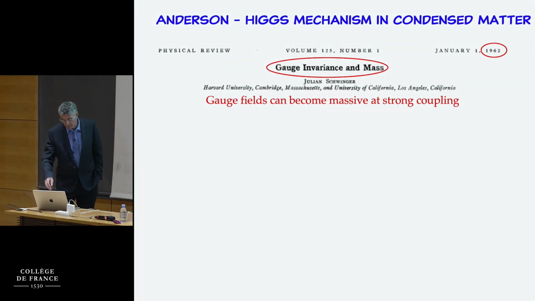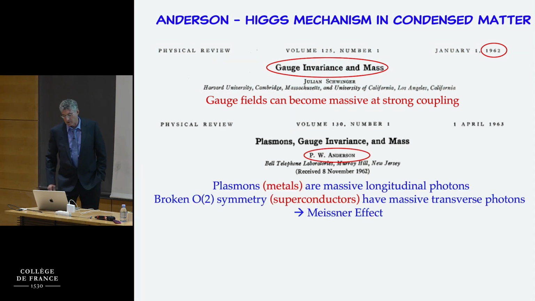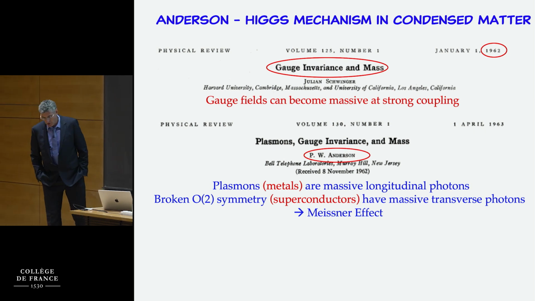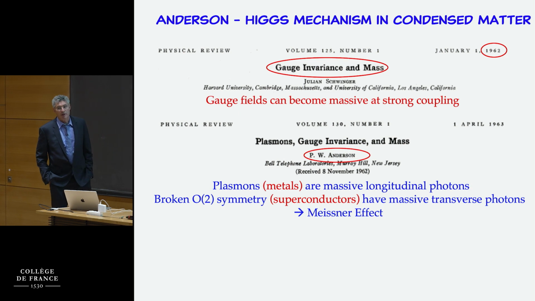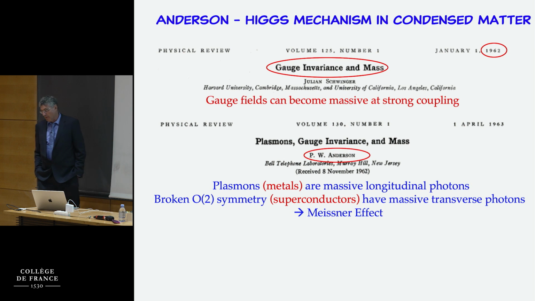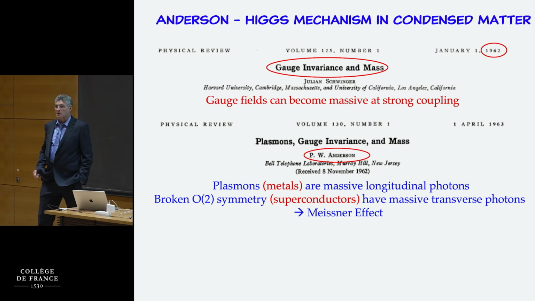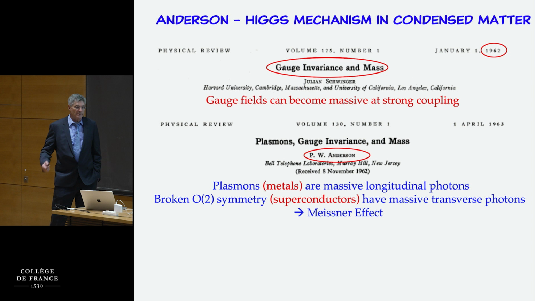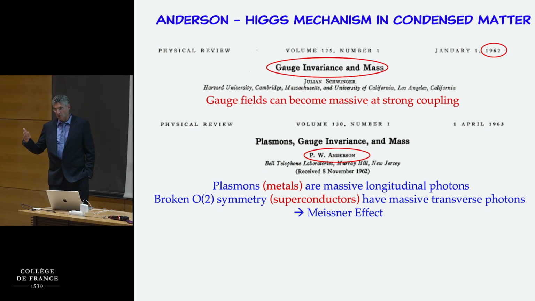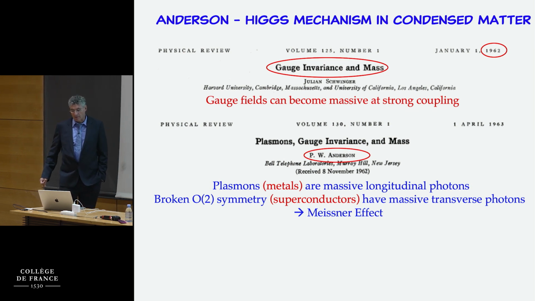And that paper preceded the very famous paper of Anderson, which was actually just a demonstration that gauge fields can become massive in metals. Surprisingly, in metals was the first example that you have plasmons. The plasmons actually are a representation of a massive longitudinal gauge fluctuation. And plasmons, of course, are known in metals very well. And he gave that as an example of giving mass to gauge fields.